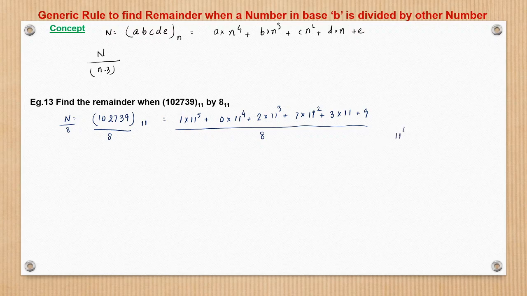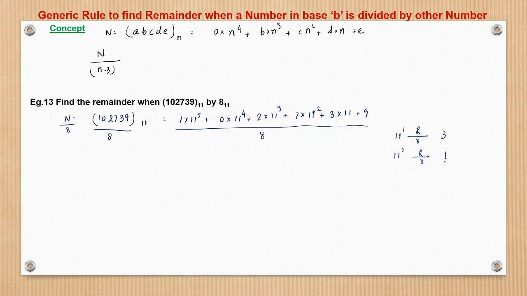11 raised to power 1, remainder by 8. This is all in base 10 now, right? Since we have converted this to base 10, all the dealings now will be in base 10. So when this is divided by 8, what would be the remainder? 3. Now 11 square, what would be the remainder here? 11 square again, it would be 3 into 3, 9, 9 by 8 is 1, right?